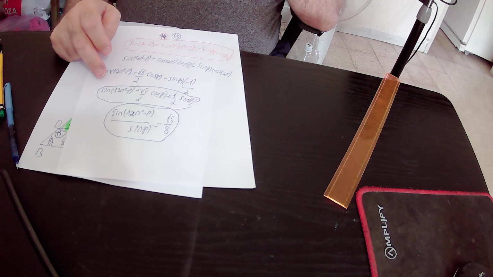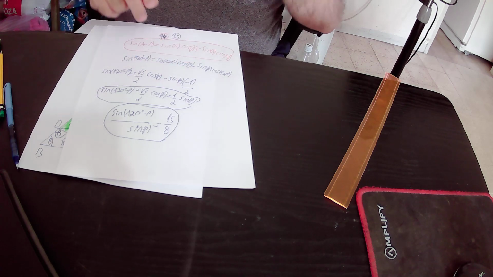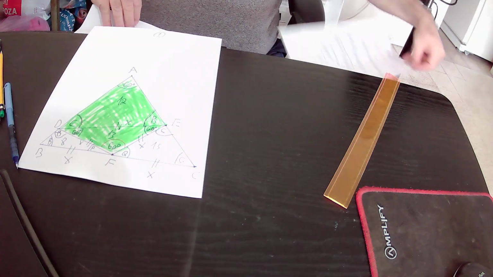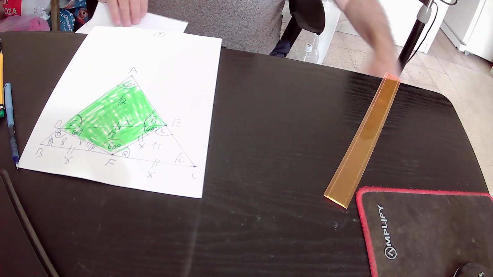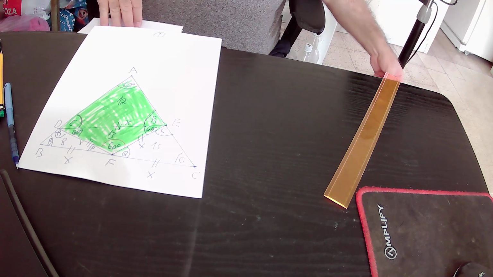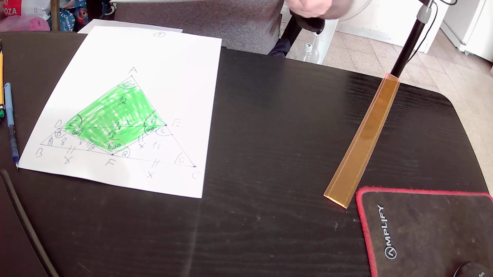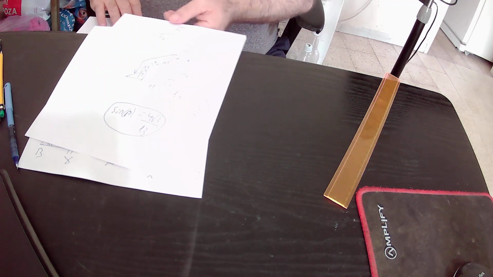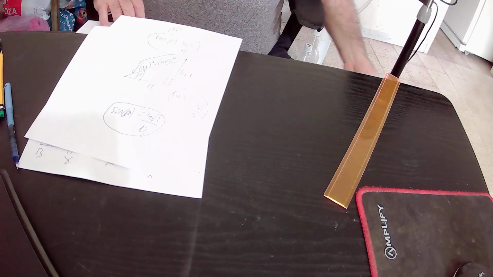We substituted sine 120 degrees minus p by this expression, and we found out that tangent p equals 4 times root 3 over 13.